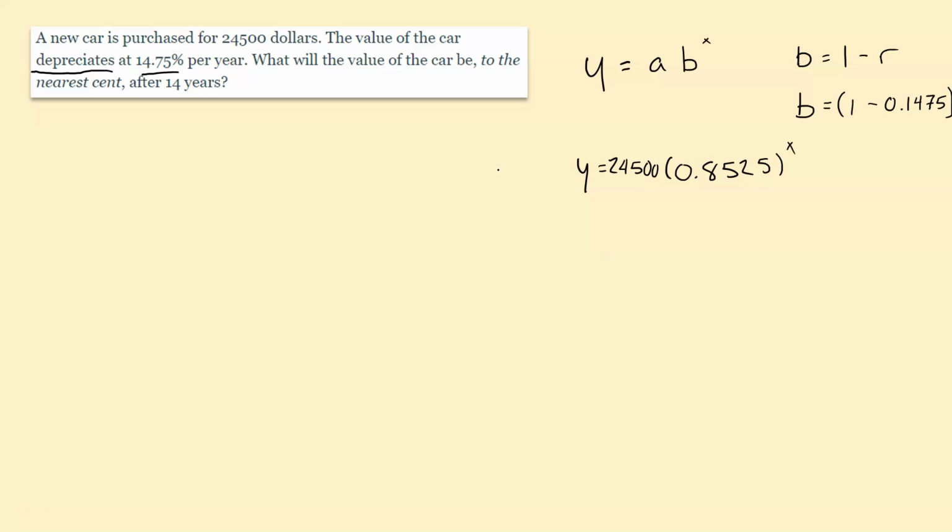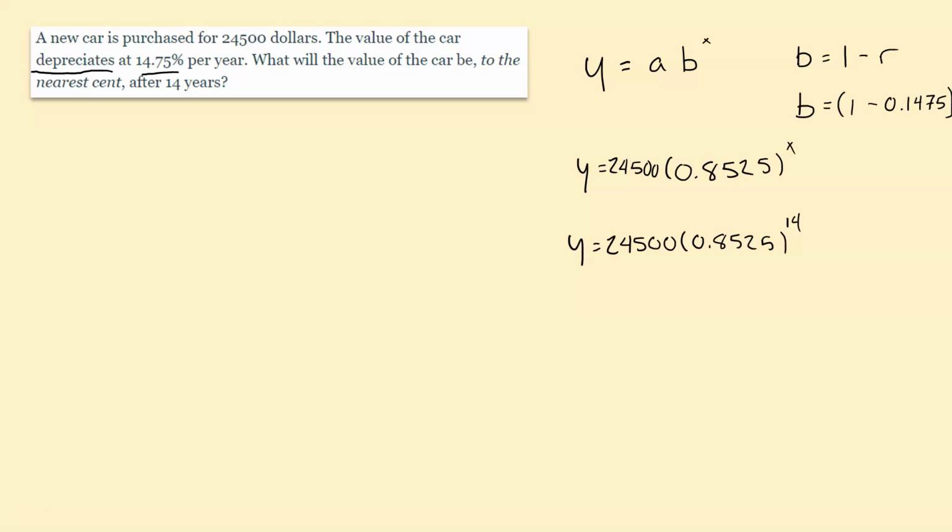Now we have our equation. Now we can calculate what the value of the car will be to the nearest cent after 14 years. The time will be on the x-axis, so we plug in 14 here. Then we just need to plug this into a calculator, so make sure you do that right.